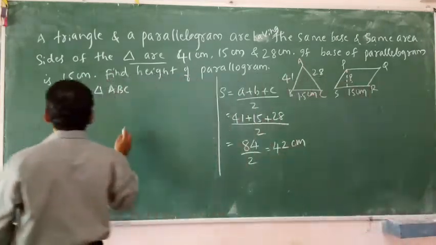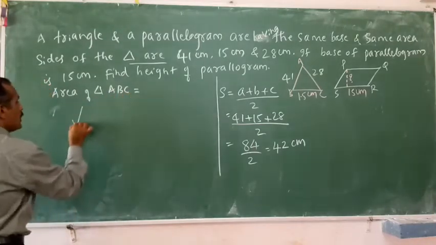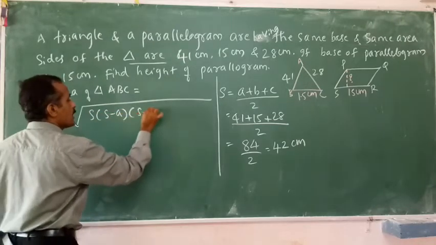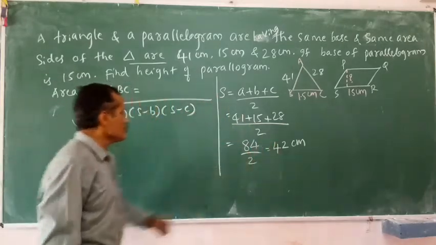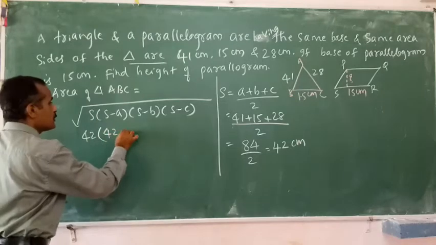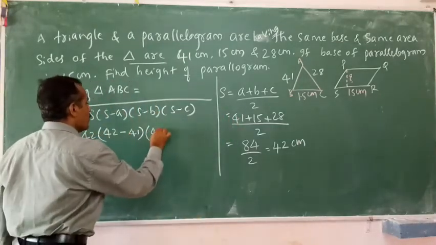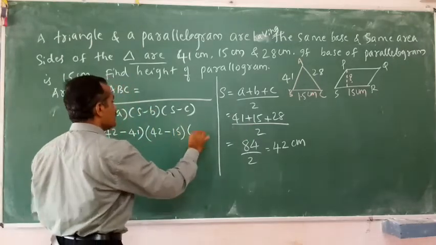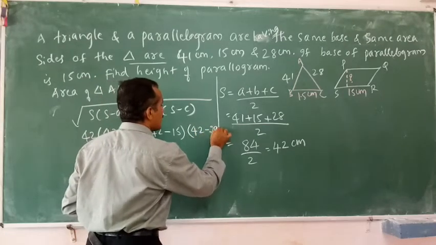Now you can go in for the formula. Area of the triangle is equal to under root s into s minus a into s minus b into s minus c. S is equal to 42. It is 42 into 42 minus 41, into 42 minus 15, into 42 minus 28.